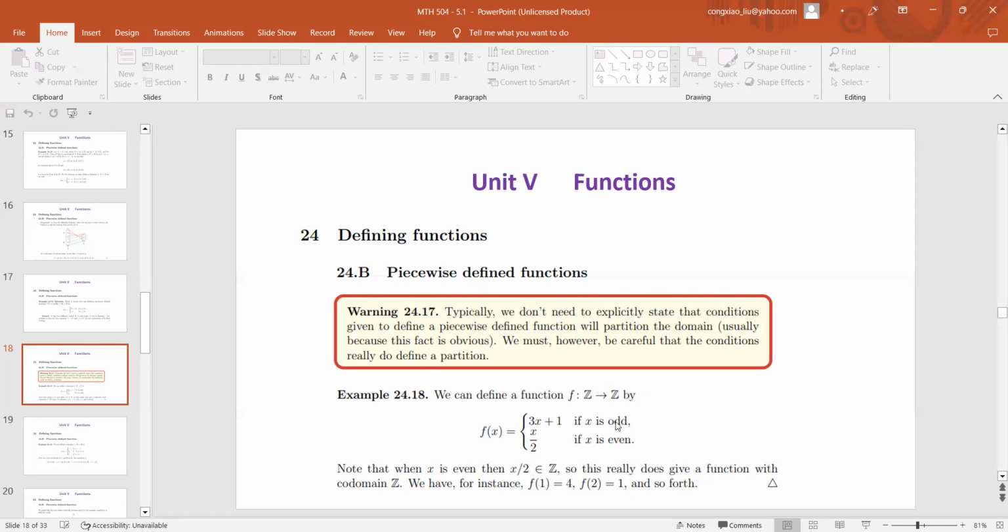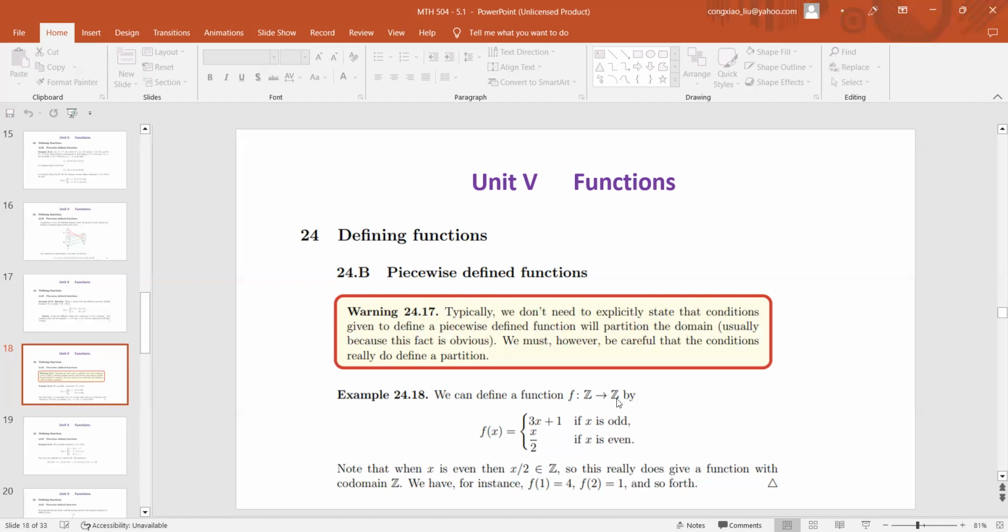So how do we know this is well defined? First, when you partition the domain Z by odd and even integers, they are disjoint, and the union of them is the whole set Z. So there's no problem for the partition part.